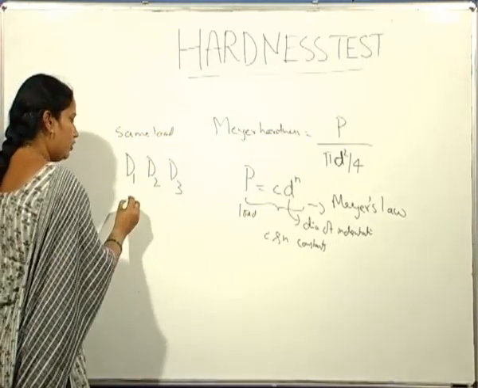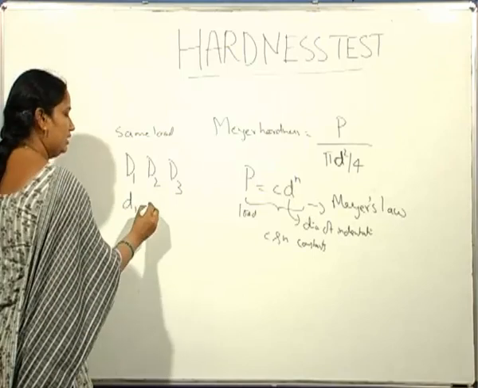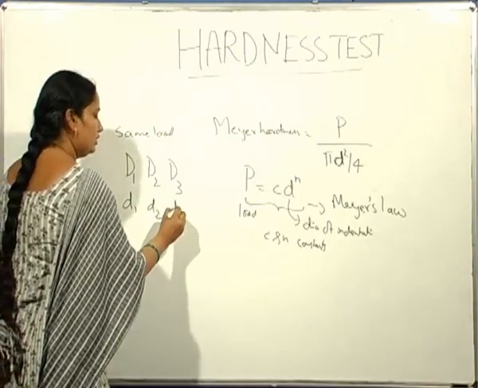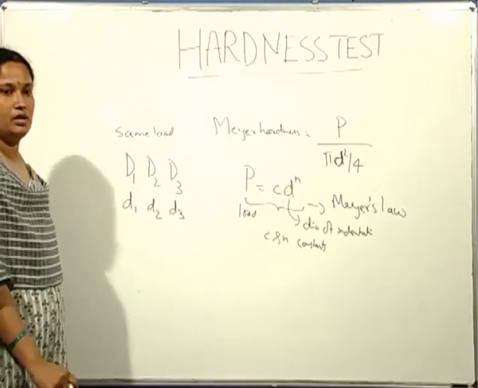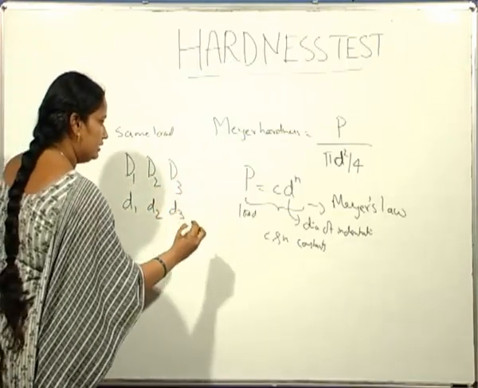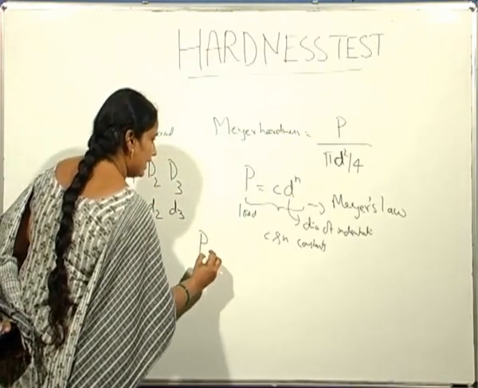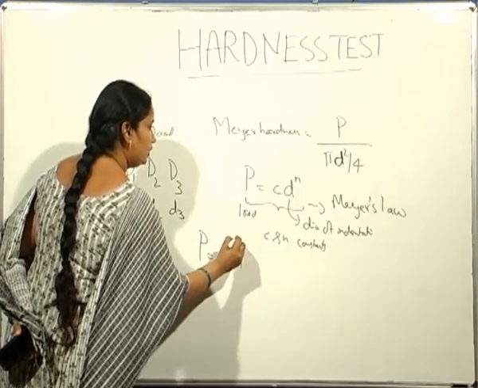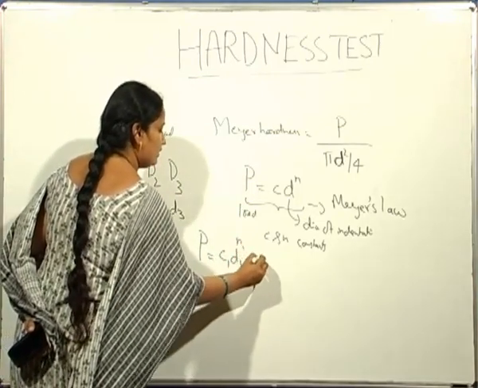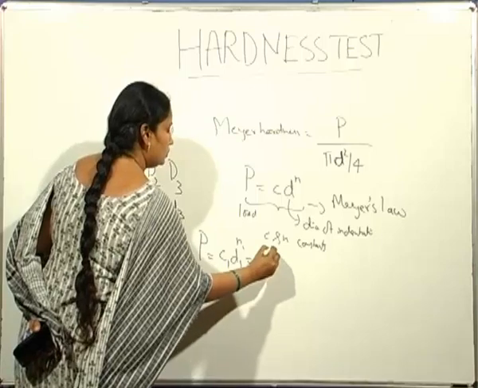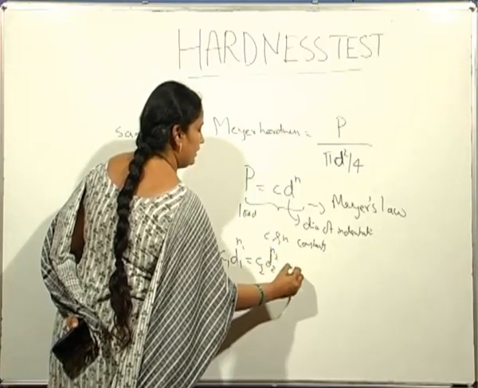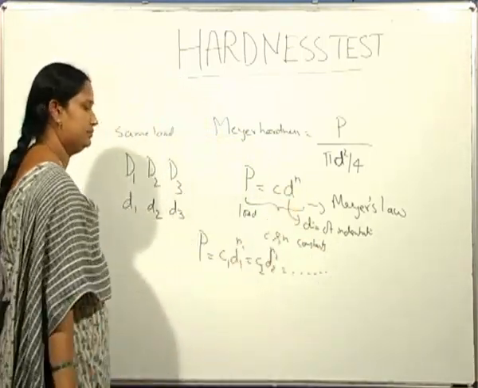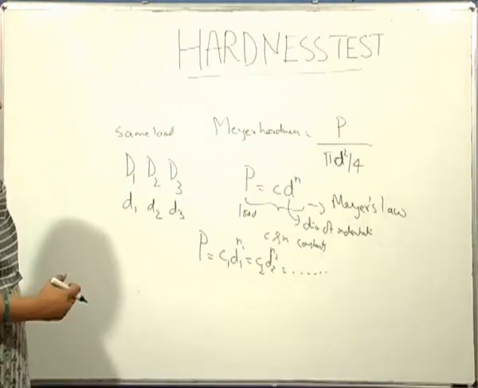So the diameters of indentations produced are d1, d2, d3. Then this law can be written as P is equal to C1 d1 to the power of n1 is equal to C2 d2 to the power of n2, and so on, according to Meyer.